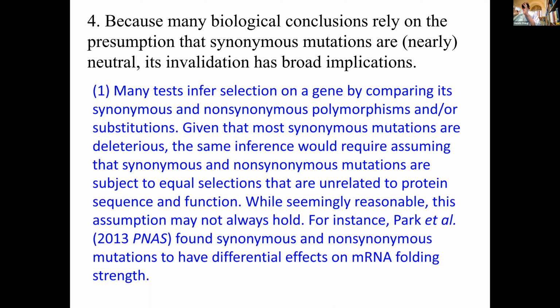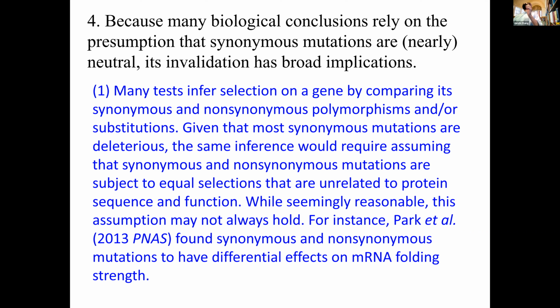That is good thinking, but we actually found in a previous paper that there are some strange things. The effects of synonymous and non-synonymous mutations on non-protein levels are not canceled out.